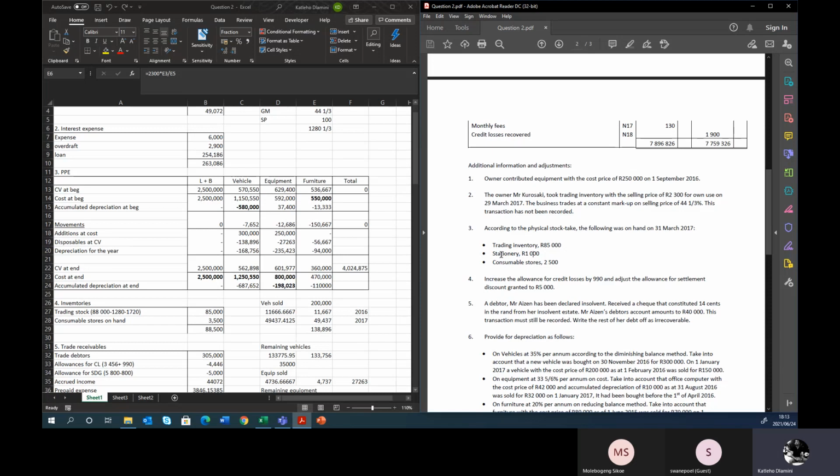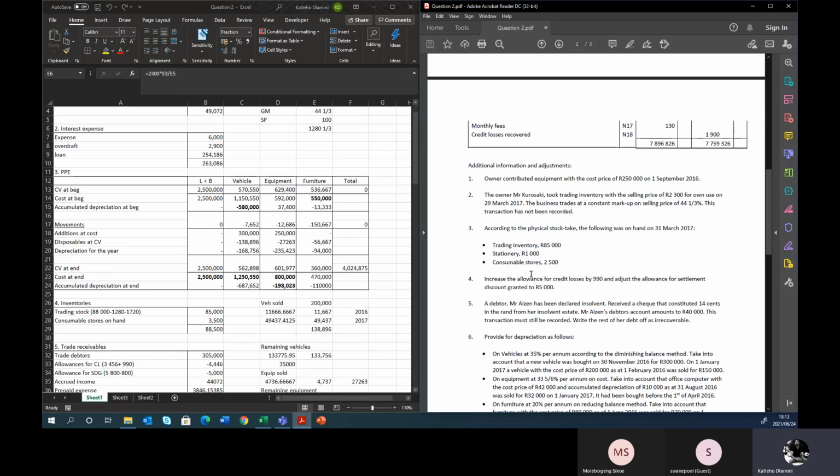So we take stationery as an expense to begin with. However, if you do have stationery left over at the end of the year, then you're going to consider it an asset until you use it up. So this is stationery at the end of the year. This is consumables at the end of the year. This could be anything. This could be food that you're selling. This could be stationery for one.